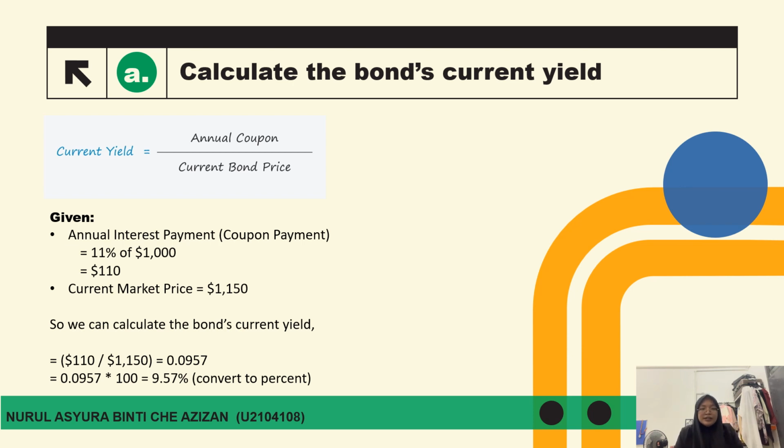Then the current market price is $1,150. So we can calculate the bond's current yield, which is 110 divided by 1,150, and I get 0.0957. I convert to percent and get 9.57% for the bond's current yield.